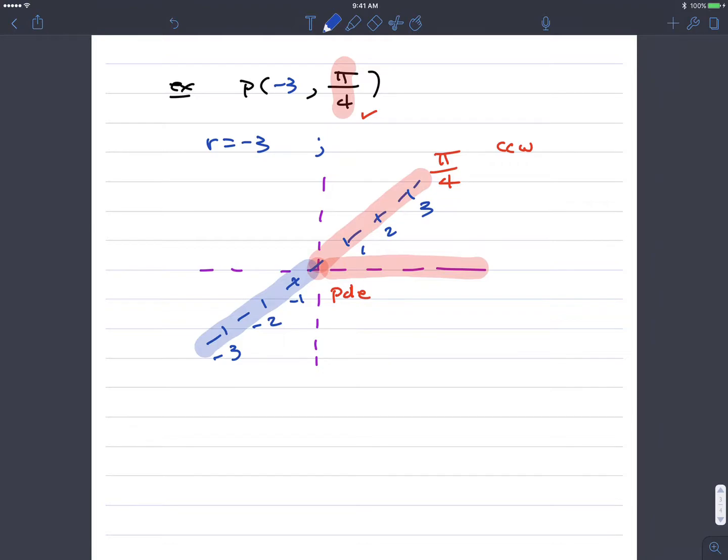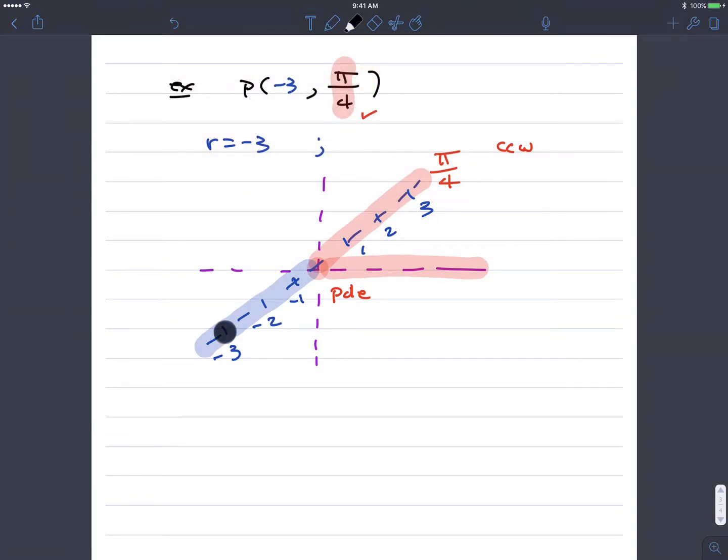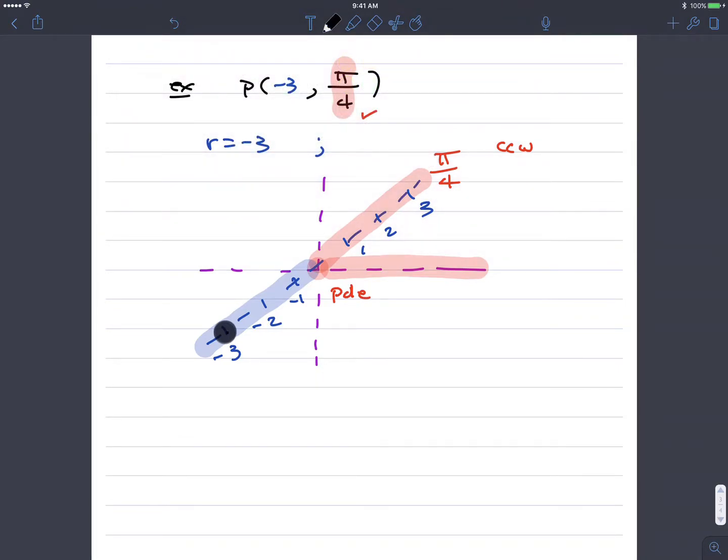If the radius is negative, it's opposite that palm, in the opposite quadrant. That's it. So when they say, where is negative 3 comma positive pi over 4? Here you are. This is the location of negative 3, positive pi over 4.